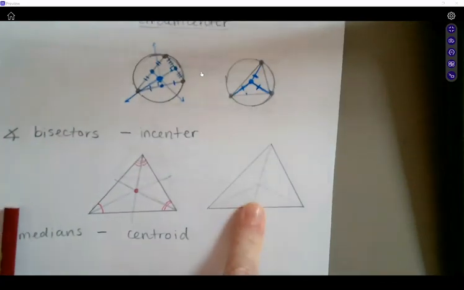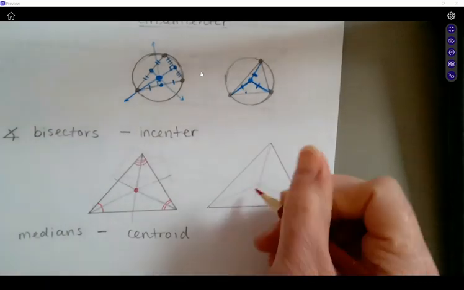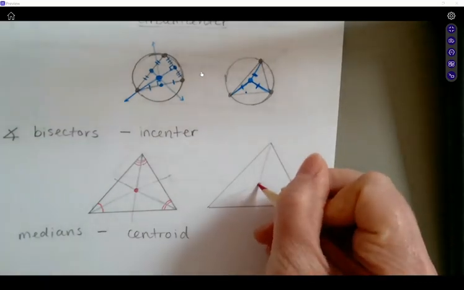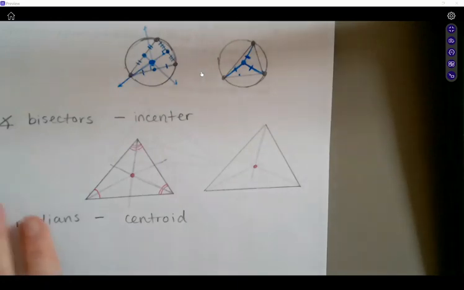So I repeated the process to quickly get that point of concurrency again, because this is the center of my circle that is inscribed inside of my triangle.